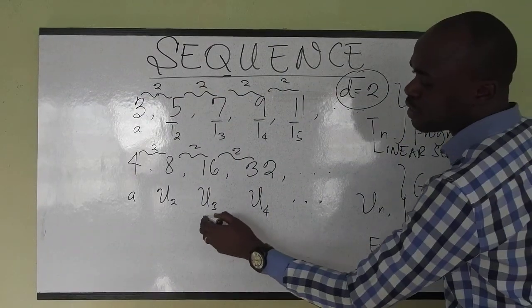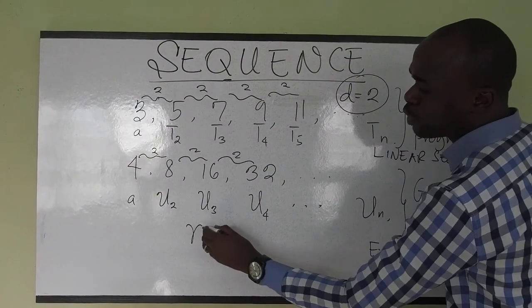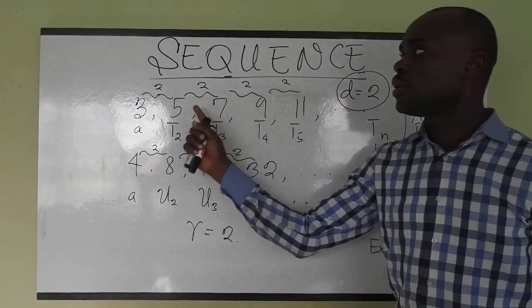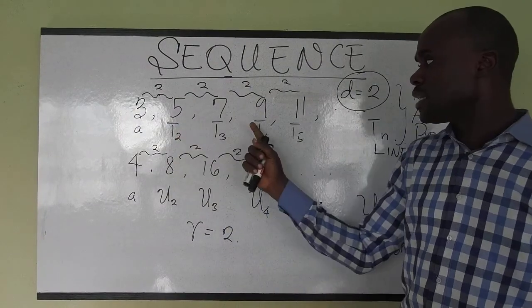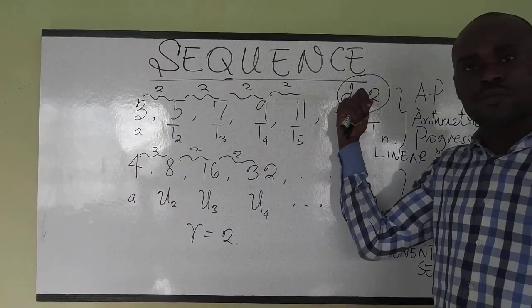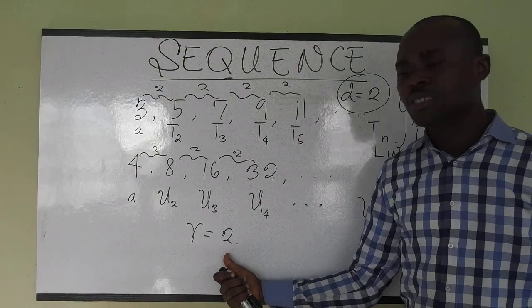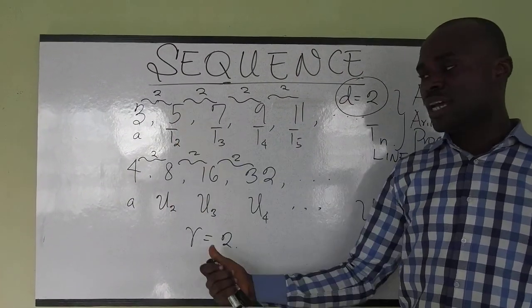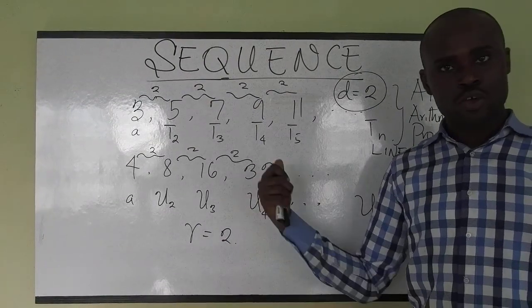That 2 in this case is what we refer to as the common ratio, R. So the constant term we add to get the new term is the common difference, and the constant term we multiply with a particular term to get the new term is the common ratio.